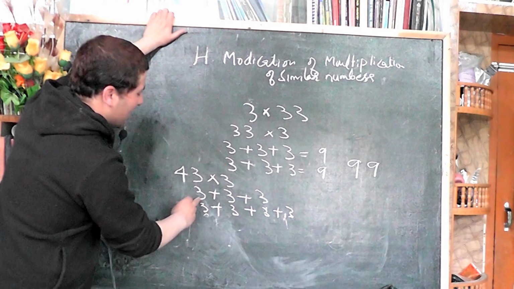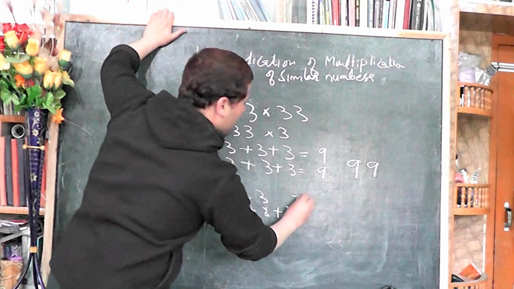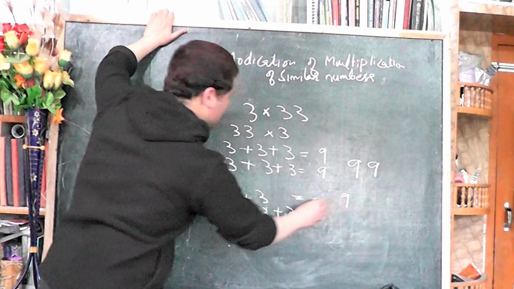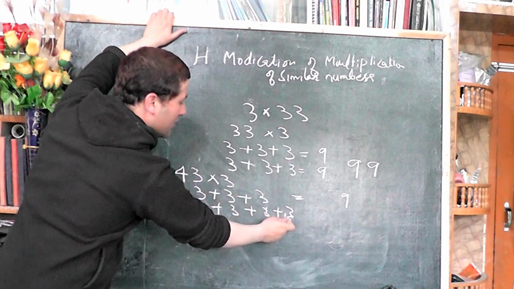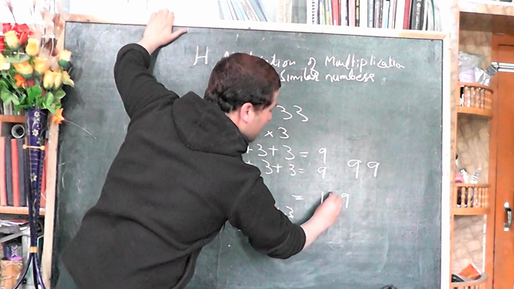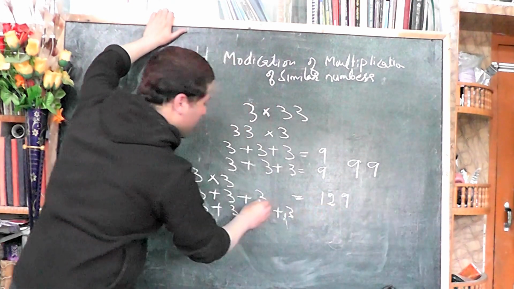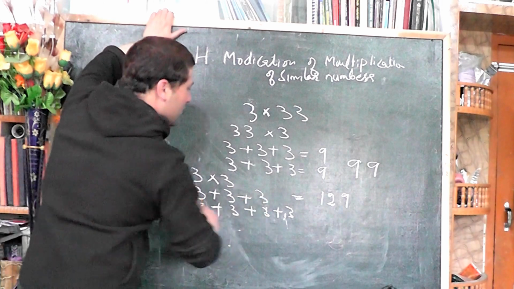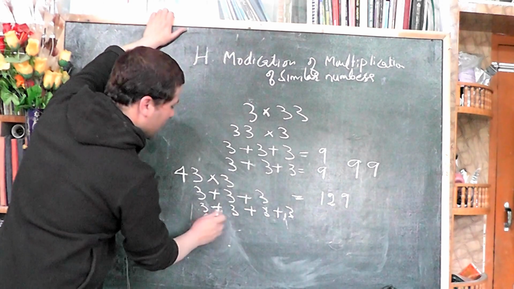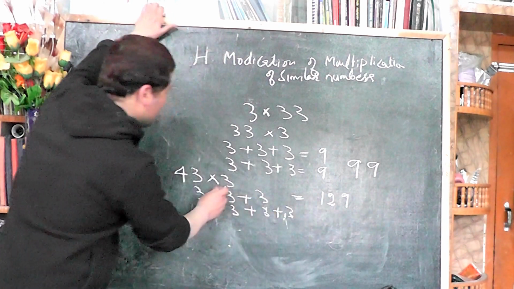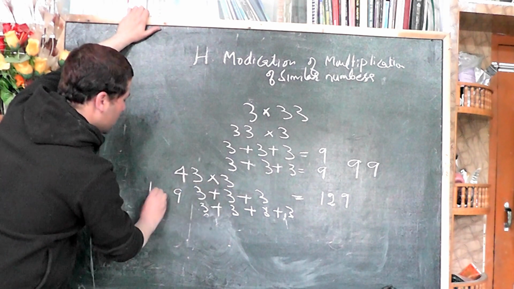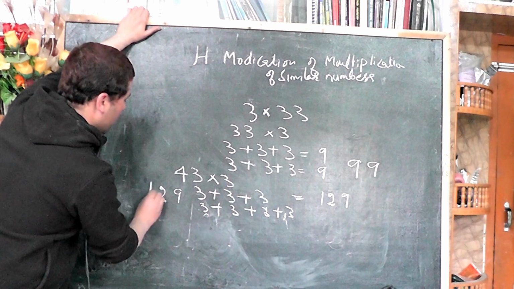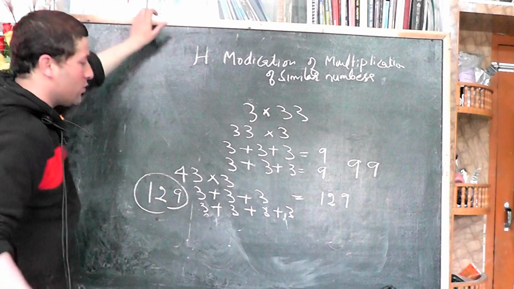So 3 is 9 at the first place, then 3 9, then 3 12. We first bring the result of this line, then the result of this line. Let's see if it works. 3 into 3 is 9, then 3 into 4 is 12. So it's 129.